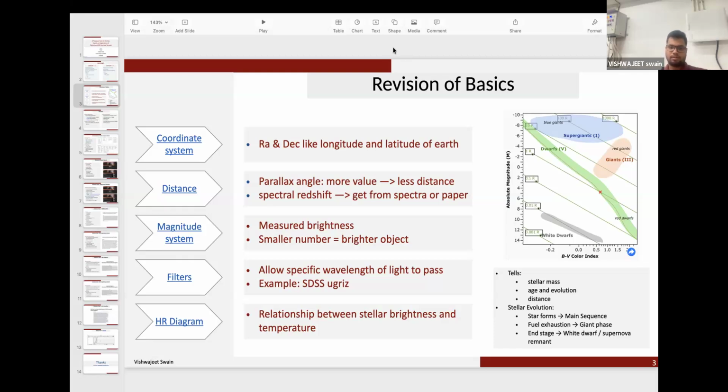And then in the filters, you will see that different catalogs utilize different kinds of filters. For example, Pan-STARRS is using the SDSS filters ugriz, and the SDSS catalog is also using the same. The NOMAD catalog is using the Johnson filters, which are capital UBVRI.